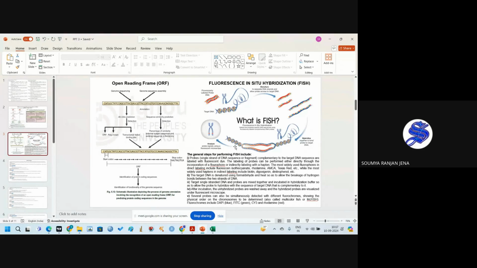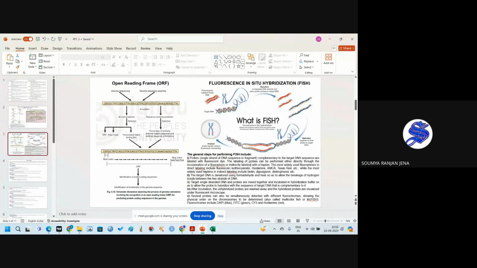How does this occur? The probe is a single-stranded known DNA sequence or fragment that is complementary to the target DNA. If this is the target DNA and this is the probe, which is the known sequence complementary to this sequence, then this probe should be labeled with a fluorescence dye.